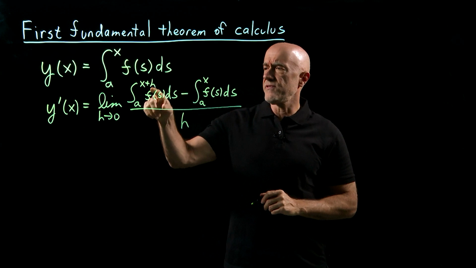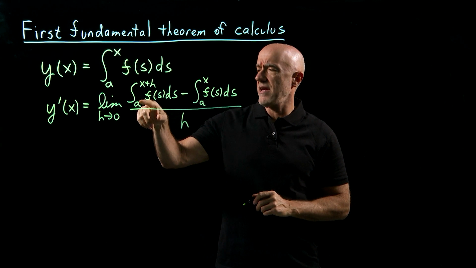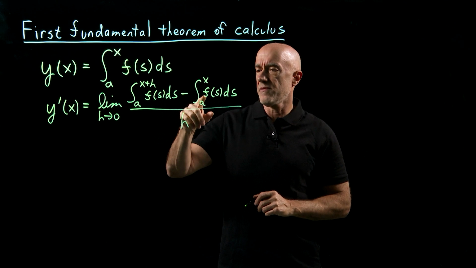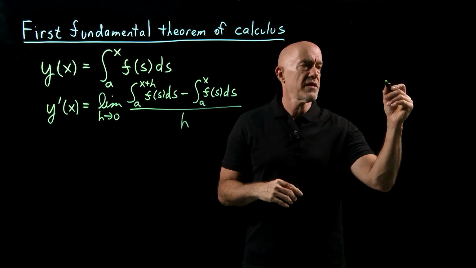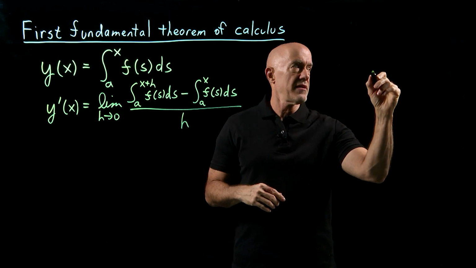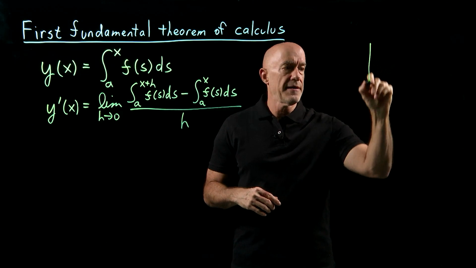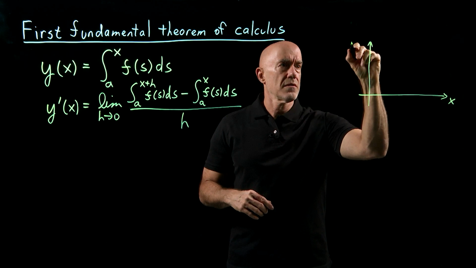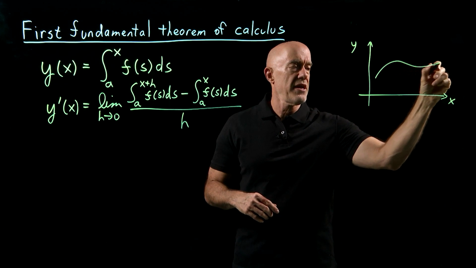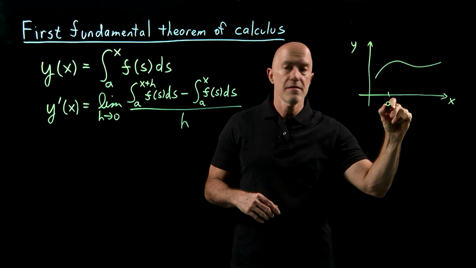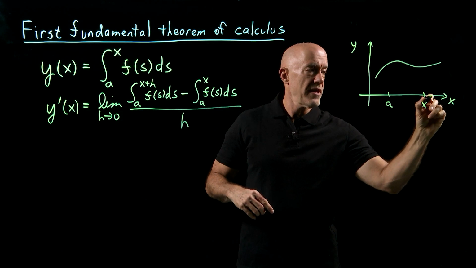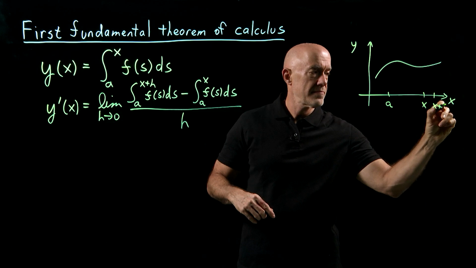So what is the difference here? The difference between an integral from a to x plus h and an integral from a to x. We can draw a graph to make it apparent. So if we have some function here, we have a, we have x, and we have x plus h.